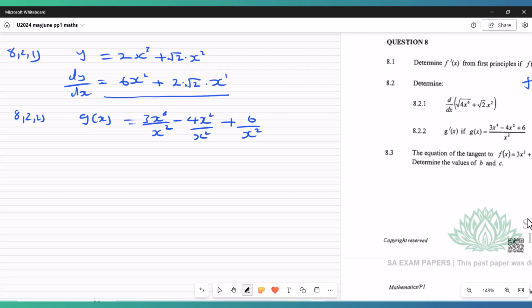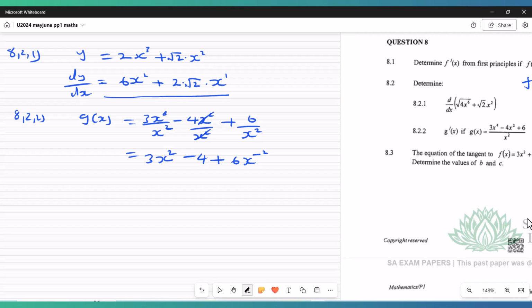So here I'm going to get 3x squared, minus 4 plus 6. Now the x squared, take it in, it becomes x power negative 2.